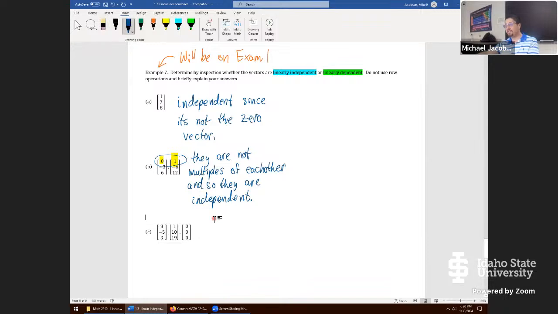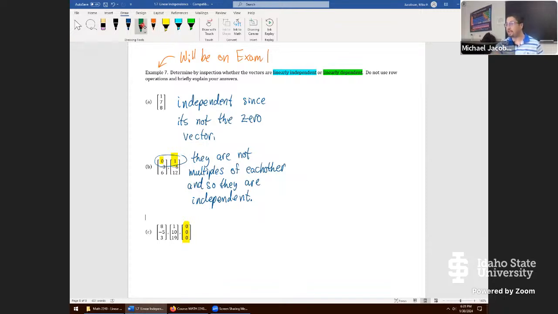How about folks on this one? Is that independent or dependent on part C? Rajab is saying dependent. How about folks in class? Do you all agree? Awesome. So looks like, yeah, this one would definitely be dependent. And the dependence of this set was because of that zero vector. Always watch out for a column consisting entirely of zeros.